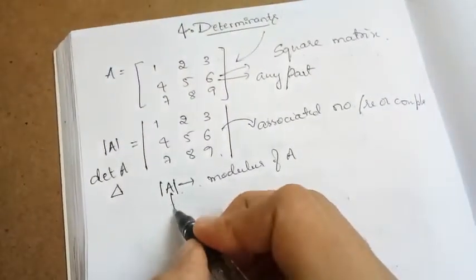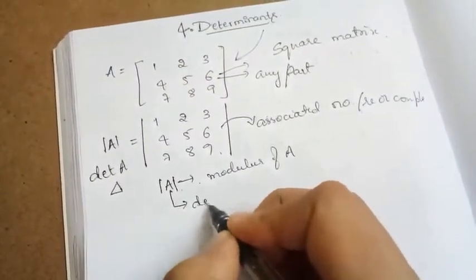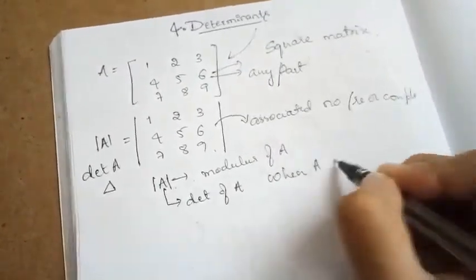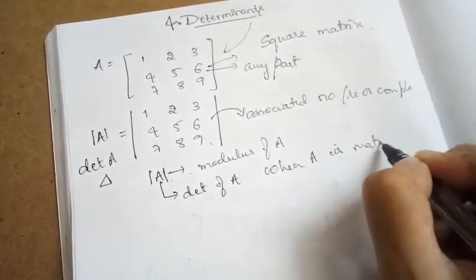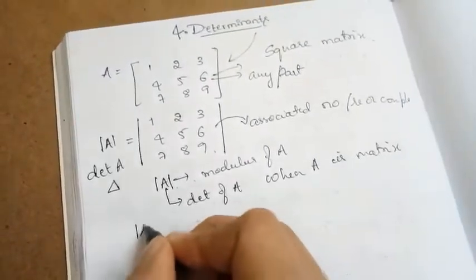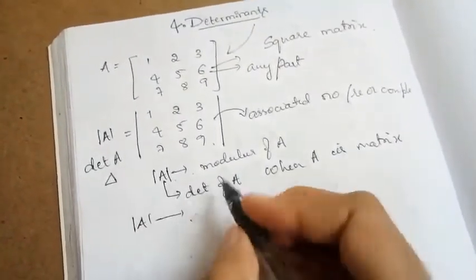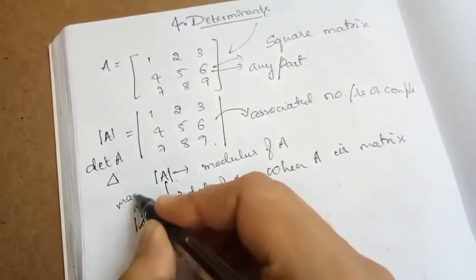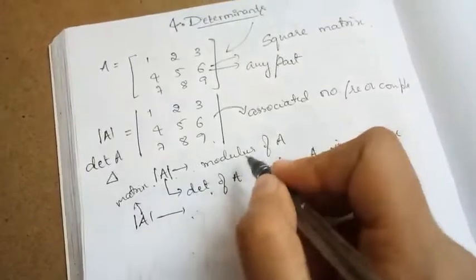But we call it the determinant of A when A is a matrix. Understand it properly. Suppose if A is not a matrix, we will call it the modulus of A.